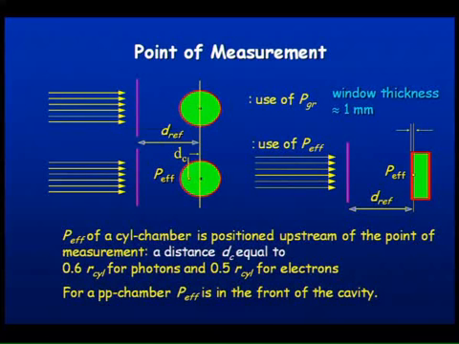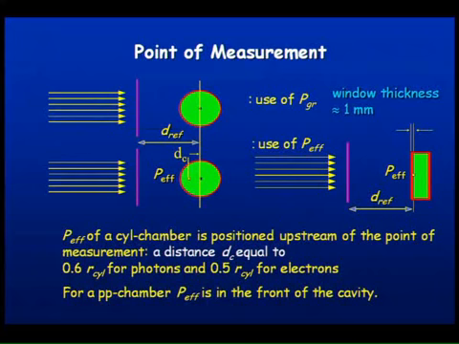For plane-parallel chambers, the chambers are designed such that the chamber samples electron fluence that enters through the front window. The electron fluence that enters through the side of the window for a well-guarded chamber is negligible. So the effective point of measurement for a plane-parallel chamber is really at this point.